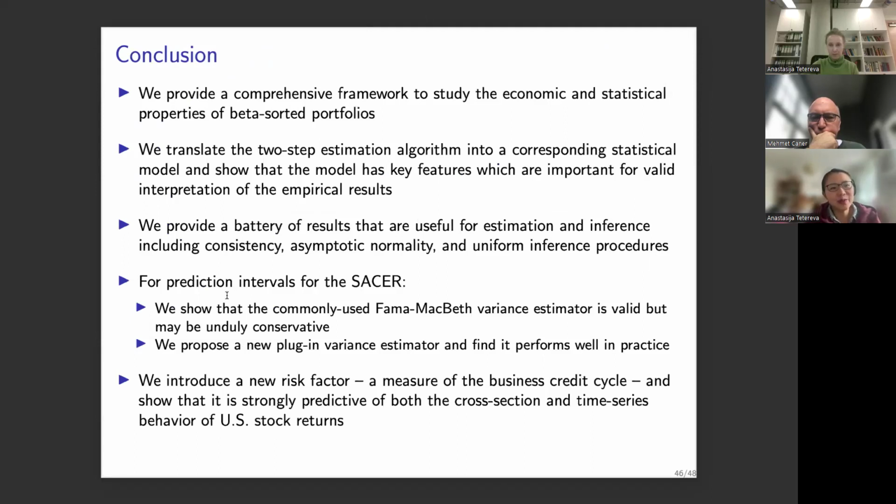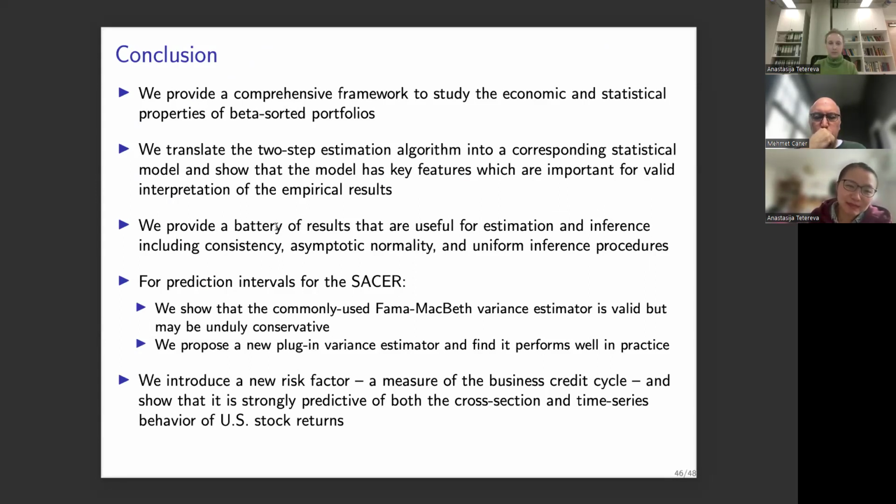So the conclusion is that we provide a comprehensive framework to study the economic and statistical properties of beta-sorted portfolios. We translate the two-step estimation algorithm into a corresponding statistical model, and we show that the model has key features which are important for valid interpretation of the empirical results.